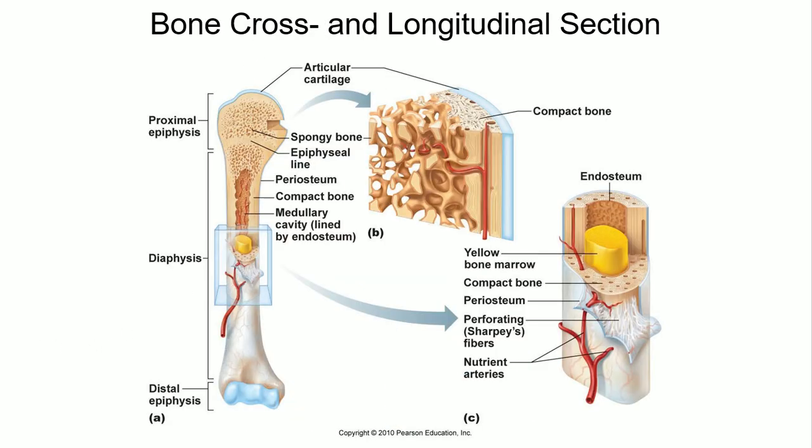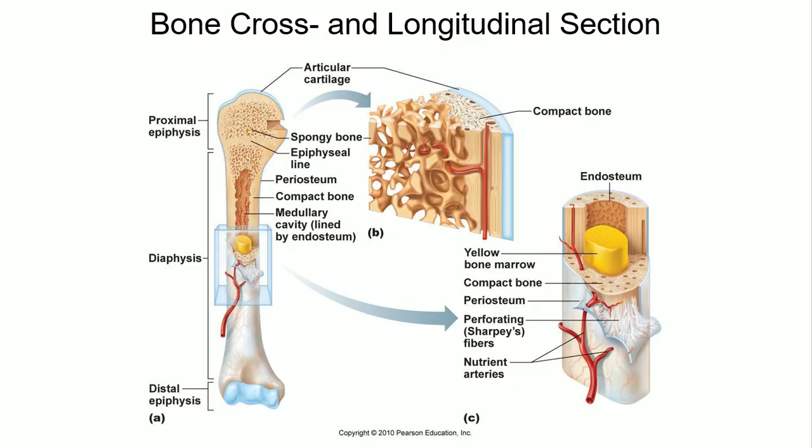Okay, so this is a cross section right here in a longitudinal section of a long bone. So compact bone or cortical bone, you'll also hear it as that, makes up the outer shell of our long bone.